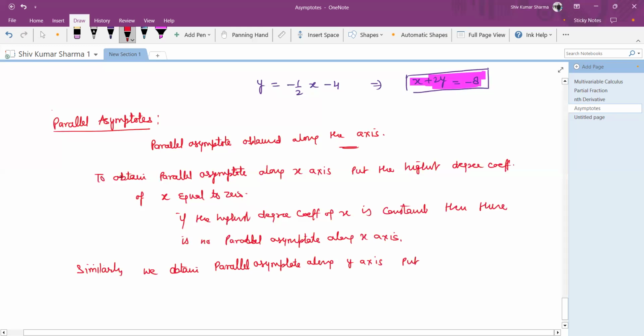So put the highest degree coefficient of y equal to 0.